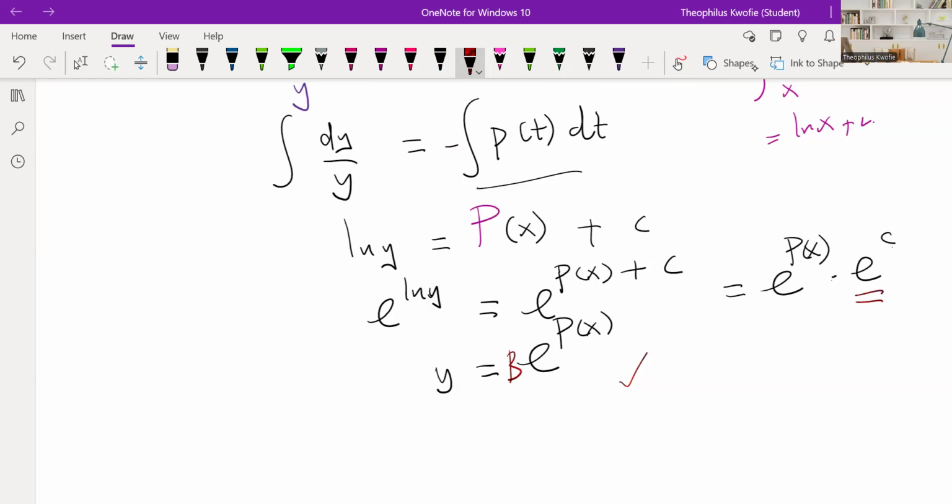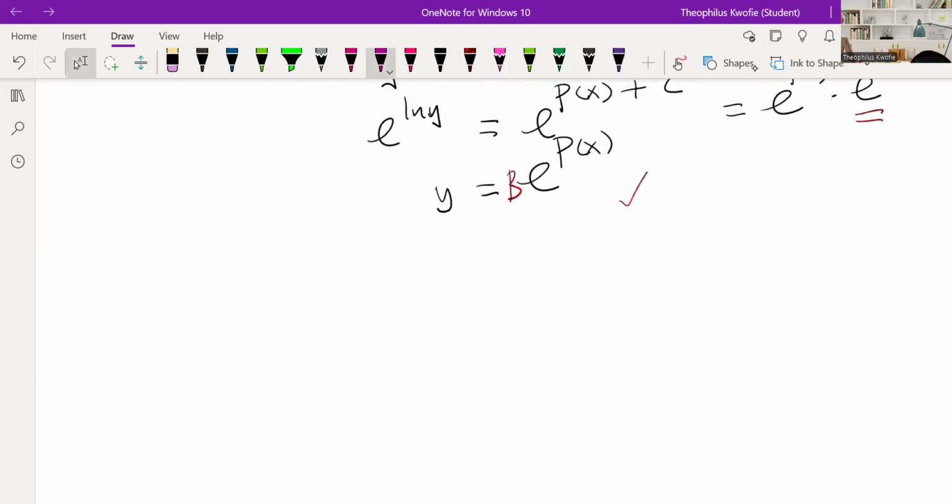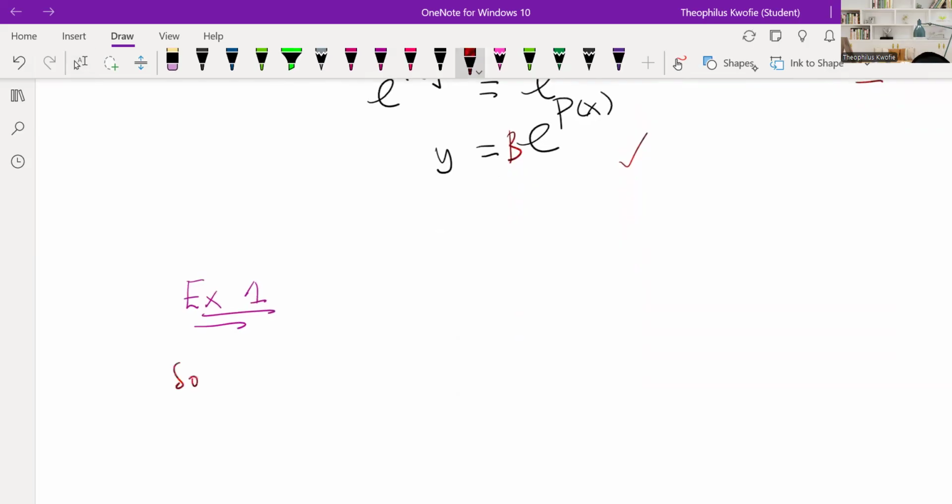Let's pick an example so that we'll be able to appreciate what we are doing. As an example, example one: solve the IVP.